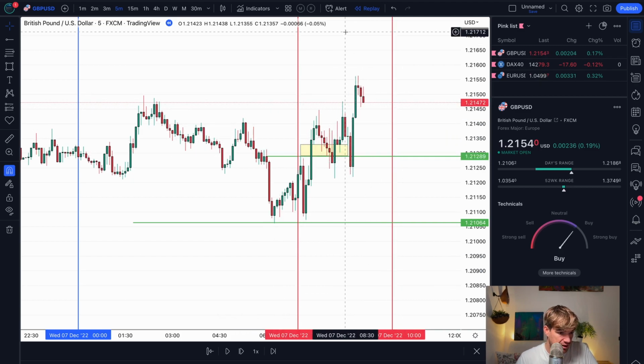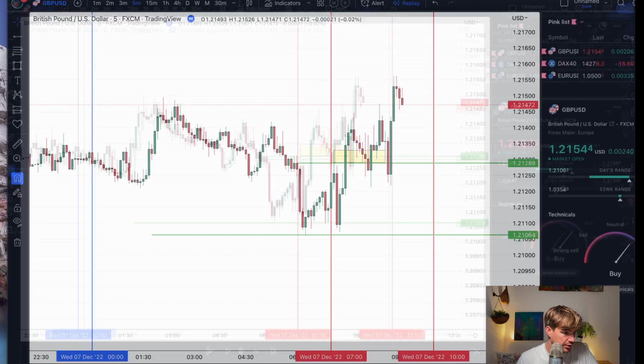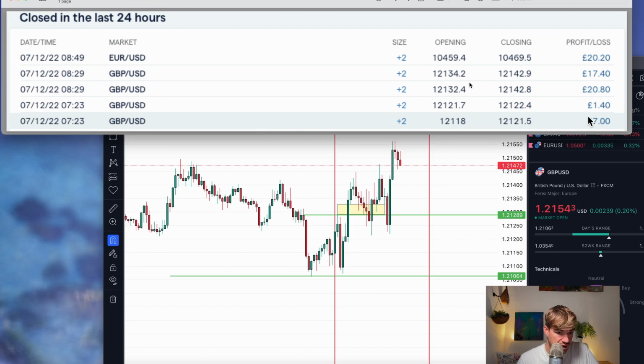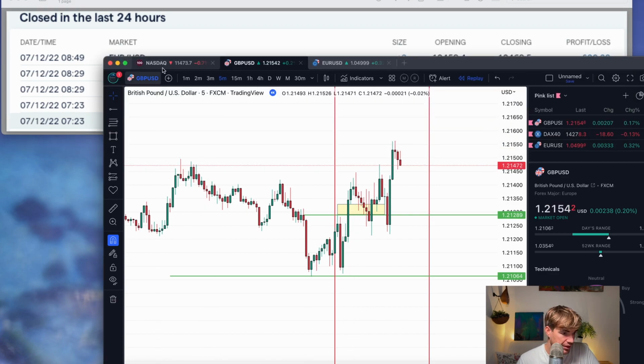And let me just see if I can show you that in the actual trades. So that was that. I got 10 pips, nearly 10 pips, and then including this, let's say 25 pips or so with this trade.